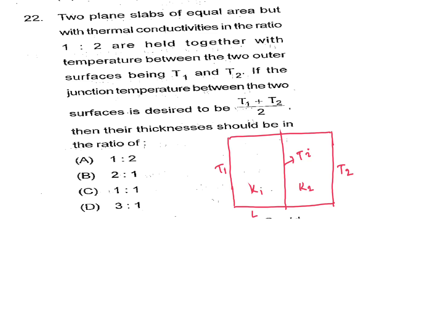Thickness of the first slab is L1. Thickness of the second slab is L2. Thermal conductivity is in the ratio of 1:2, so K1 by K2 is 1 by 2. And the junction temperature Ti is (T1 plus T2) by 2.